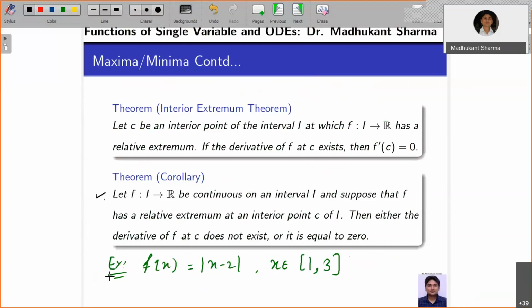Here is one more example, a modified mod x: f of x equals mod x minus 2 for x belonging to 1 to 3. You know that the function is not differentiable at x equals 2, and 2 is an interior point. Even though the function is not differentiable, f still has a relative minimum at x equals 2.